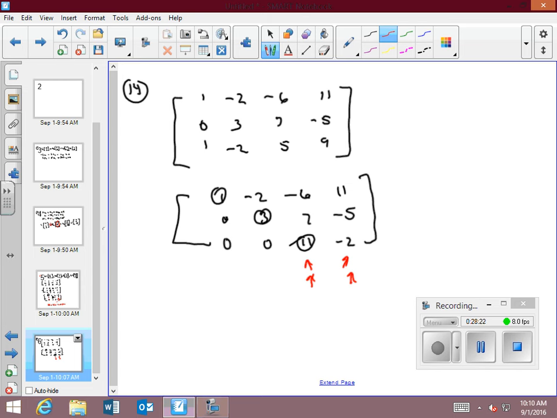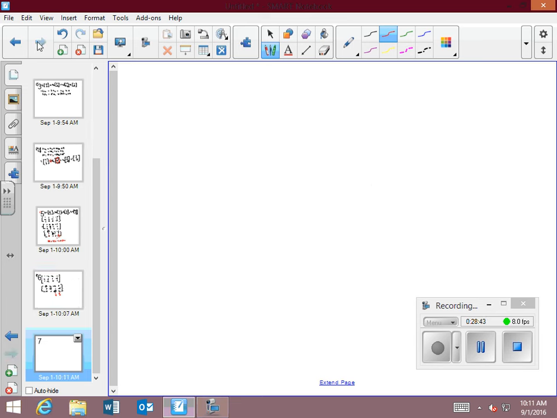If we look at 18, it says values. Oh, here you have your vectors. For what values of H is Y in the plane of V1 and V2?